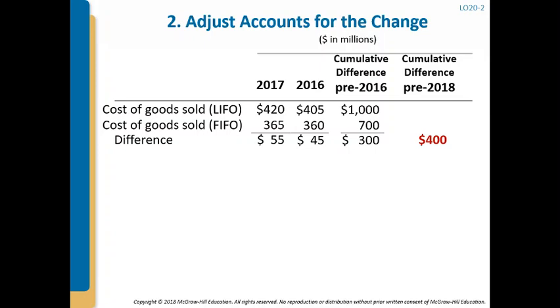So you've got to adjust your January 1, 2018 inventory balance, which is the same as December 31, 2017, to increase it by $400 million.